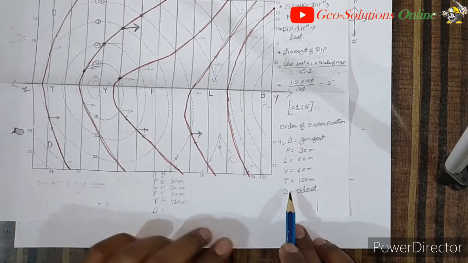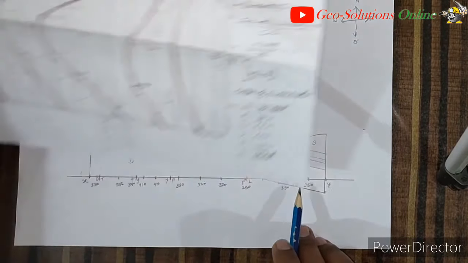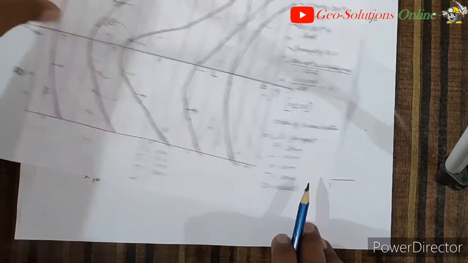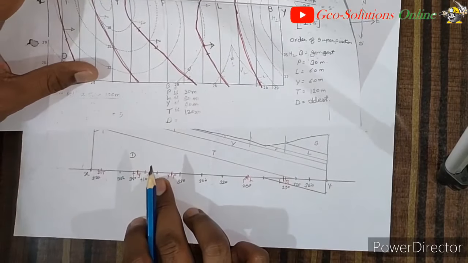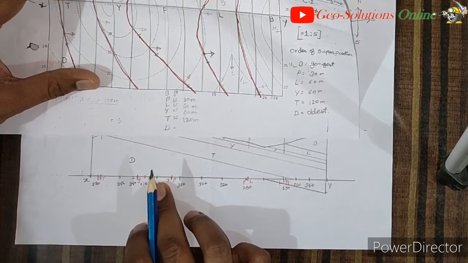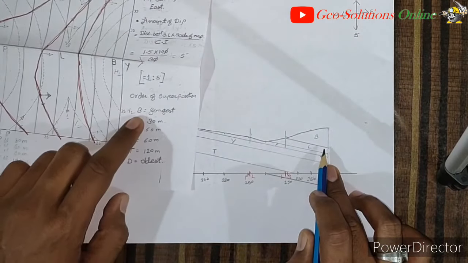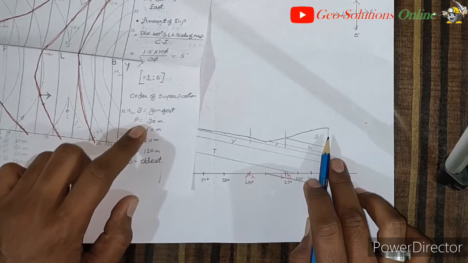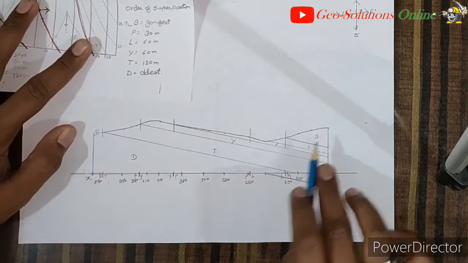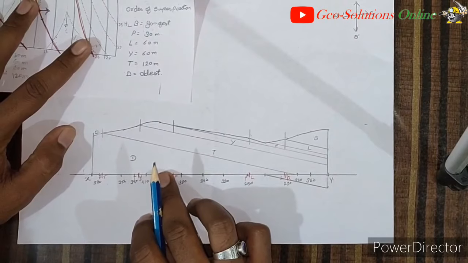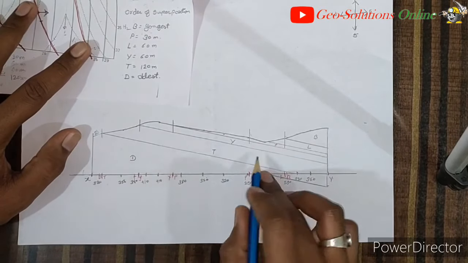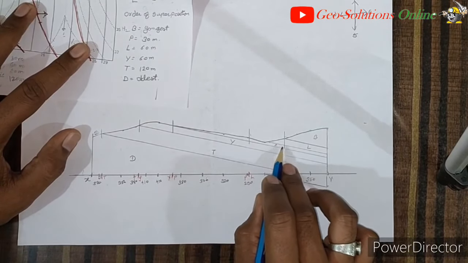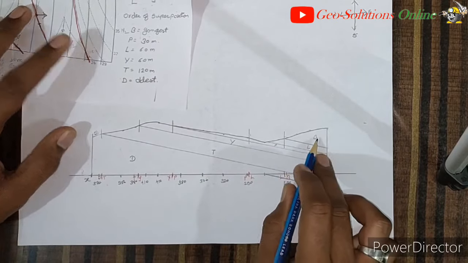The law of superposition is that the bottommost bed is the oldest and the uppermost bed is the youngest. So the youngest bed is B because it is on top, and the bottommost bed is D, the oldest bed. This is bed T, bed Y, bed P, bed L and bed B.